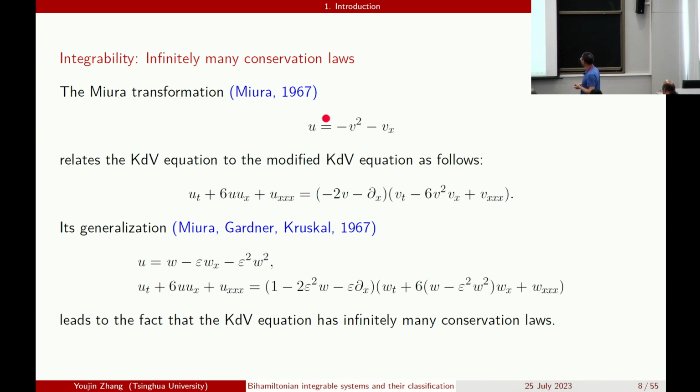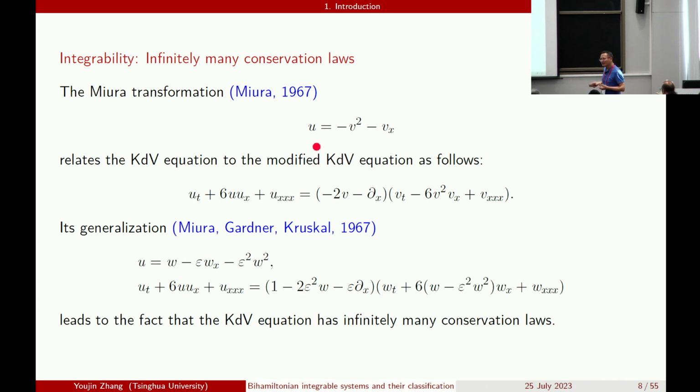But then he realized that in the simulations of Kruskal and Zabusky there was another equation apart from the KdV equation. In the KdV equation we have 6uu_x, and then we have this equation, also considered by Zabusky and Kruskal, similar to the KdV equation. Miura also tried to find conservation laws of this equation, and found there are also many conservation laws.